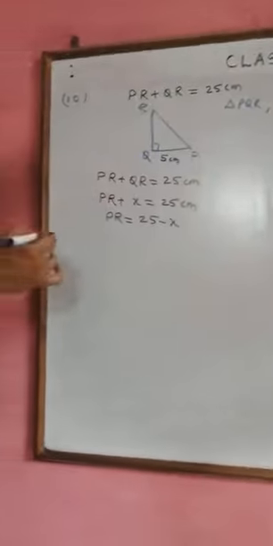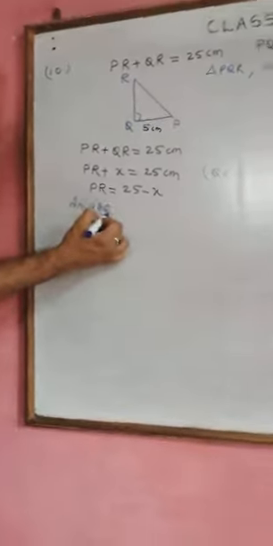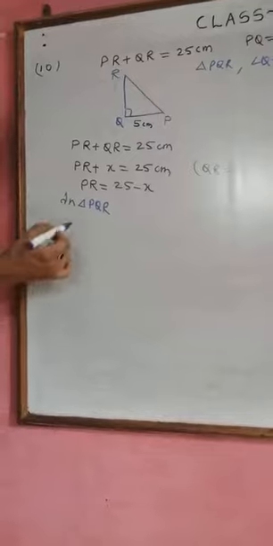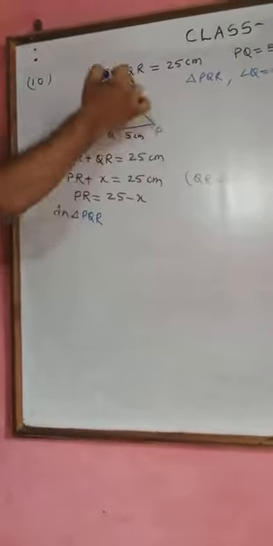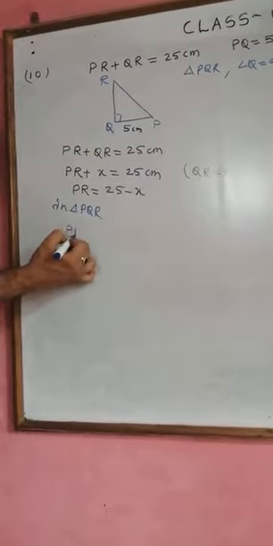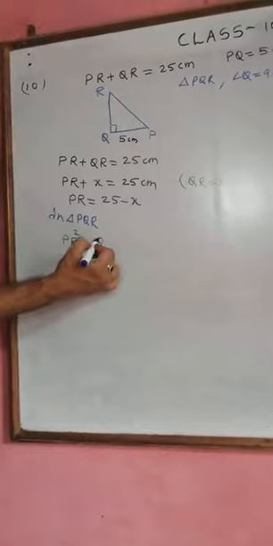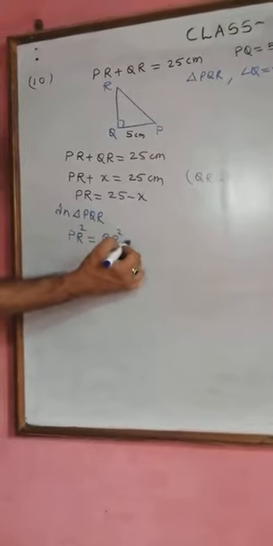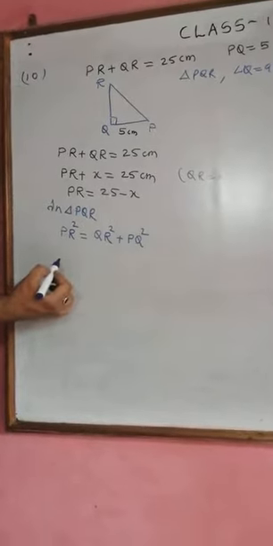Now we can apply the Pythagoras theorem. The hypotenuse side is PR. So PR square is equal to QR square plus PQ square.